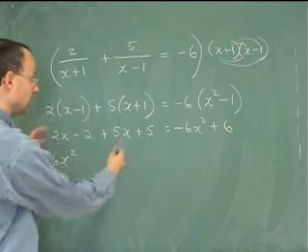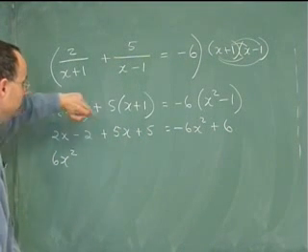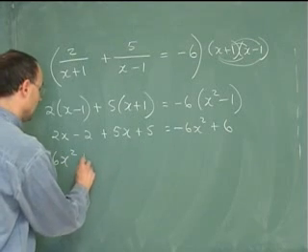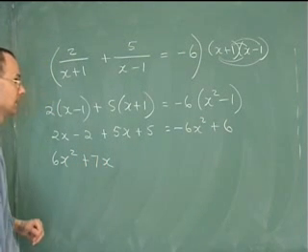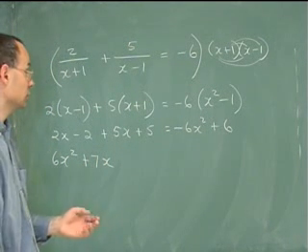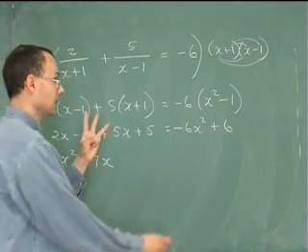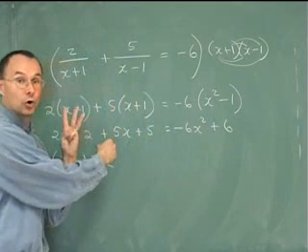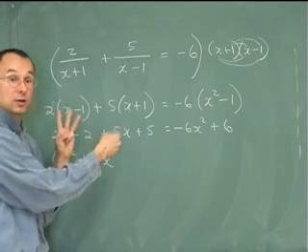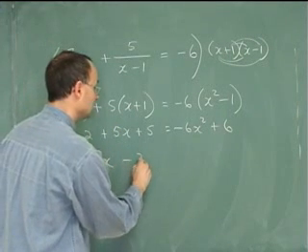Now, what else do we have on this left side? Well, we have 2x's plus 5x's. That makes 7x's. And then as far as numbers are concerned, I have negative 2 and 5, which is 3. But I'm also subtracting 6 over. So I'm going to have 3 take away 6, which is negative 3.